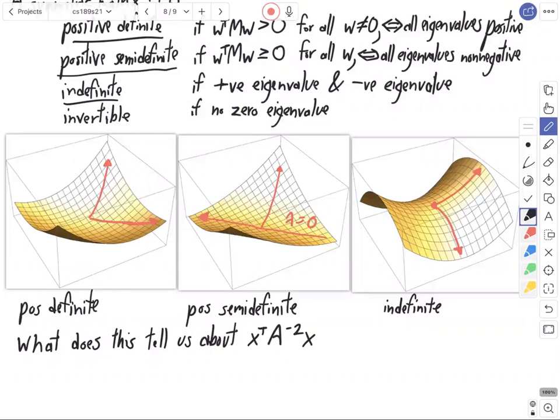So just set M equal to A to the minus 2 here for our purposes. First of all, because there's a square here, A inverse is getting squared, this matrix A to the minus 2 is always going to be positive semi-definite. It can't have a negative eigenvalue because we've squared it.